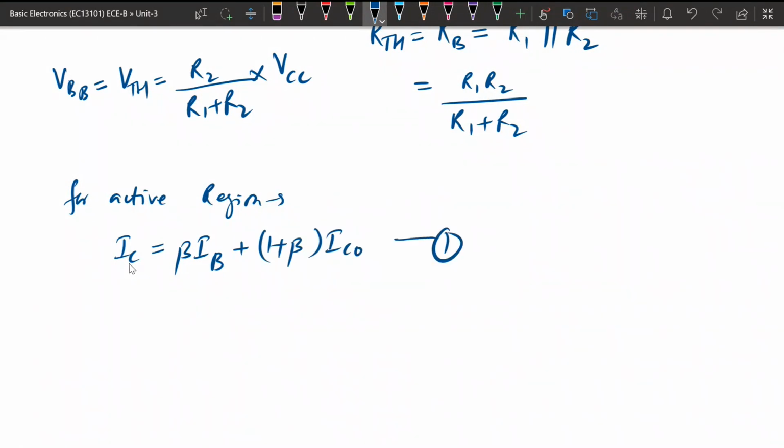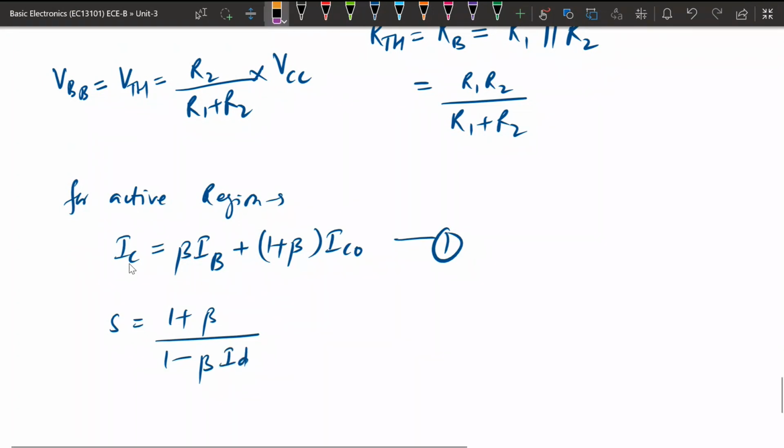So this is equation number one. Now for the stability, it is 1 plus beta times del IB by del IC. So now we need to find del IB by del IC.